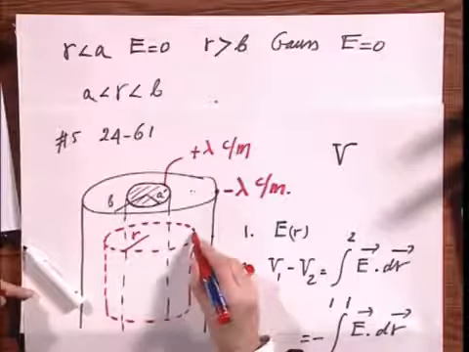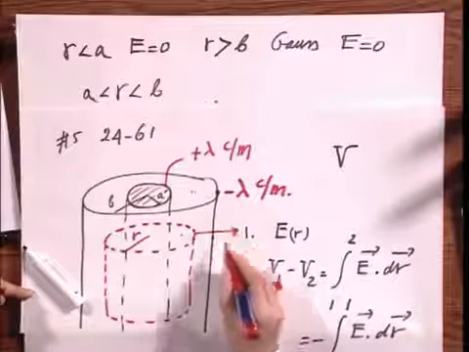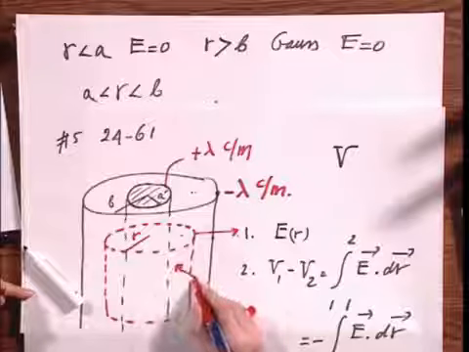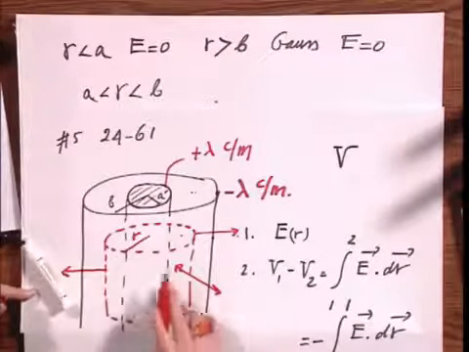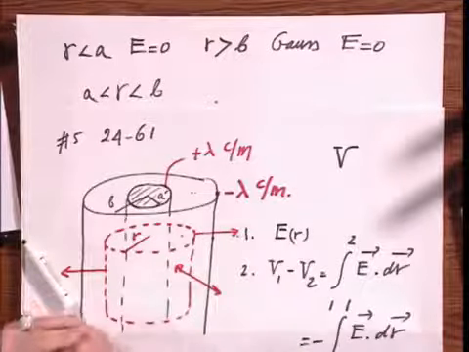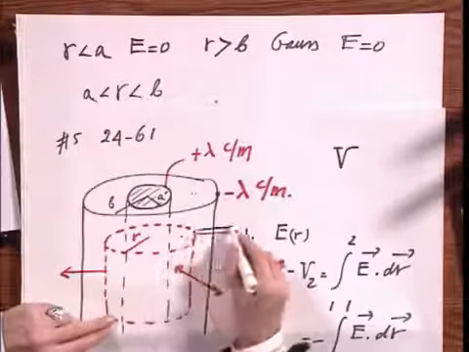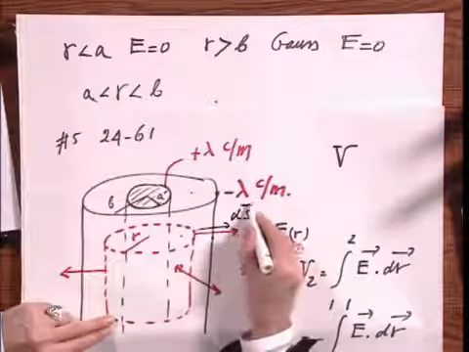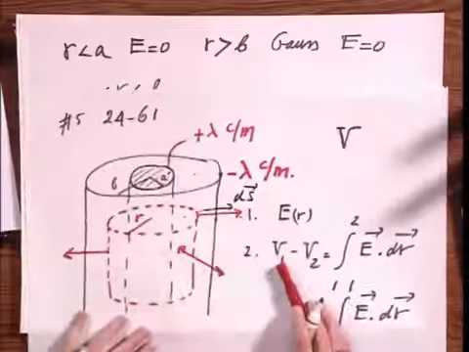So let's draw it just here, outwards. And if you can see this here, the idea is that it is outward, perpendicular to the surface. And the ds values themselves are of course also perpendicular to the curved surface. So E and ds are in the same direction.